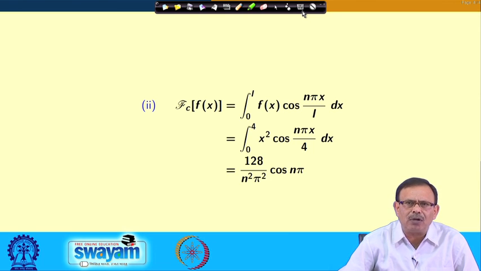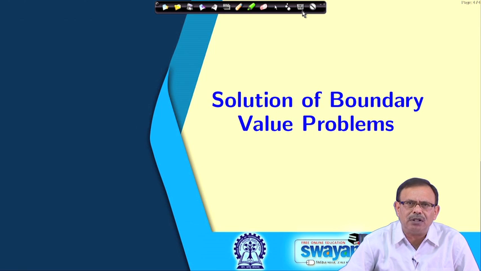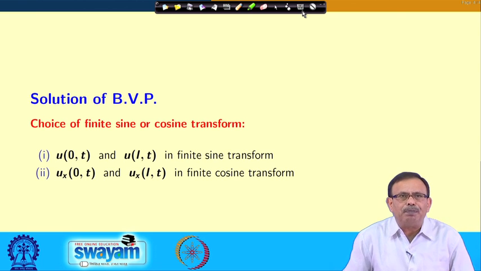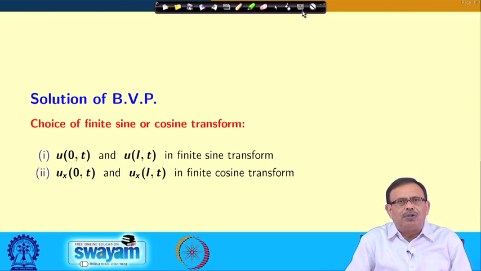Now, we will not go for more examples, directly we are going to the solution of boundary value problems using finite Fourier transform. Please note one thing: for the solution of a boundary value problem using finite Fourier sine or cosine transform, which one I have to choose depends on certain criteria.